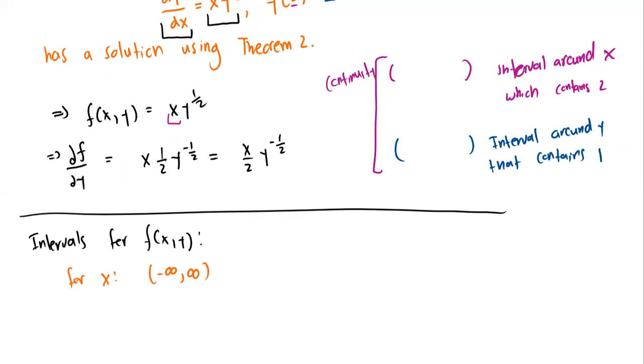Since continuity works basically the same, for x here, this is fine. There's nothing that prevents continuity for the x portion of this function. You have to be careful with y, though, because for y, we have a square root.